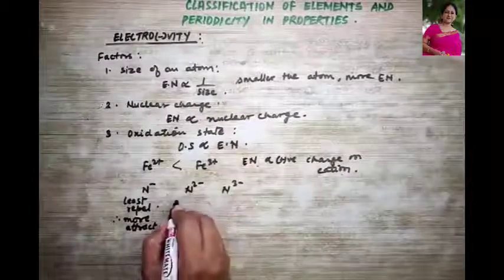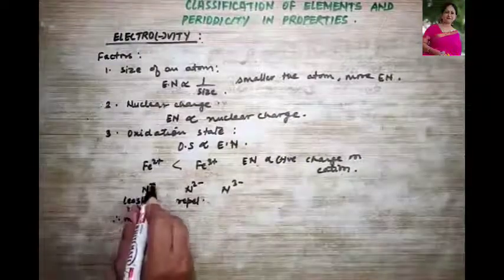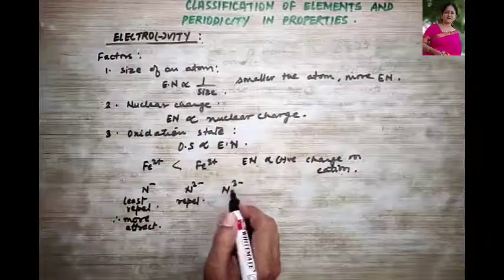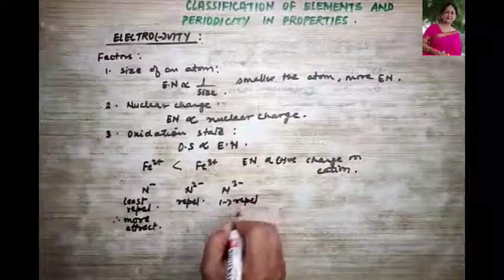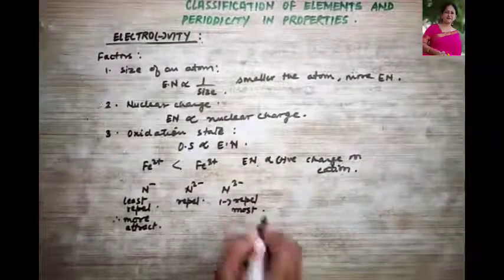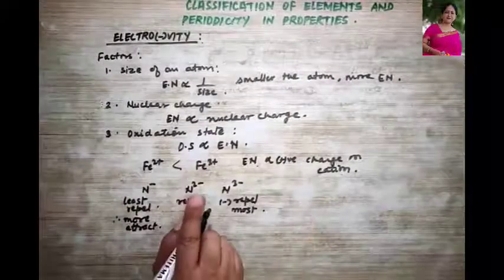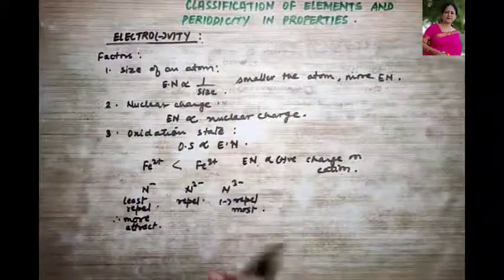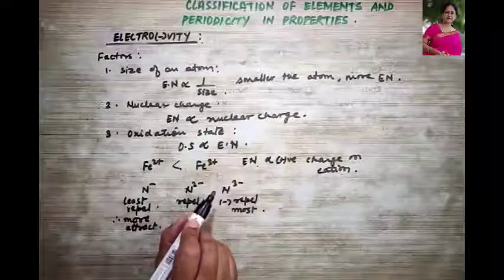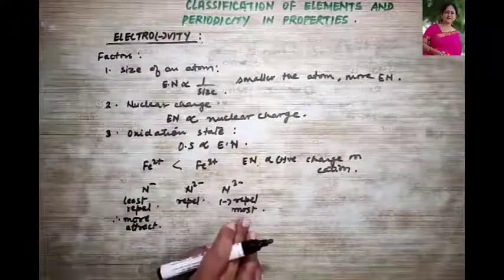So over here repulsion of electron will be there, but more than N-. What about N3-? The electrons will repel the most. So more electrons, less chance to attract the electrons. Therefore, it will be less electronegative.